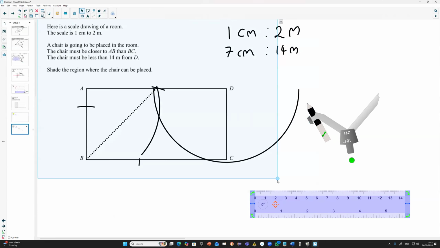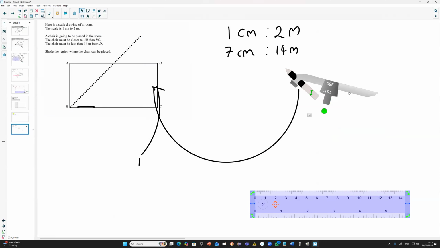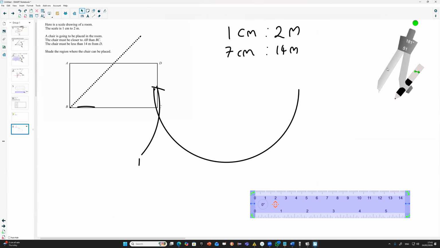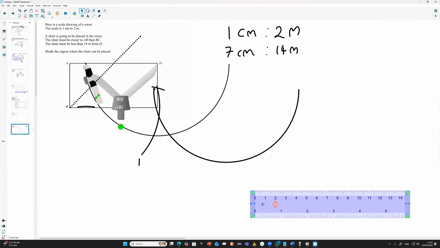Make it, no, make it smaller. Right. There you go, that makes sense.